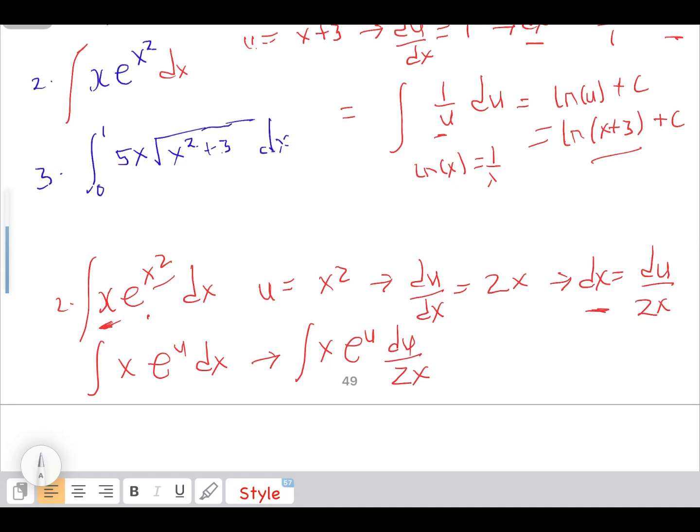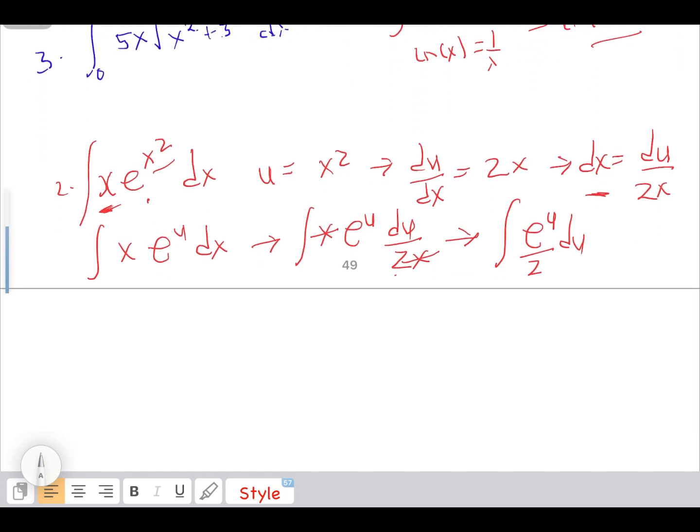This is similar to what I was saying earlier on, because the constant will be the only difference, and we can bring it out to do our integration. So we know that x is common here, so it will cancel out. And at the end of the day, we are going to get the integral of exponent u over 2 du.